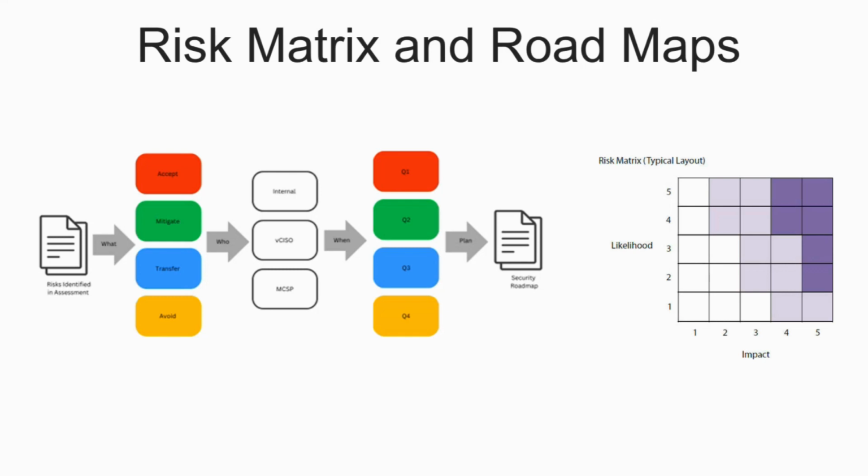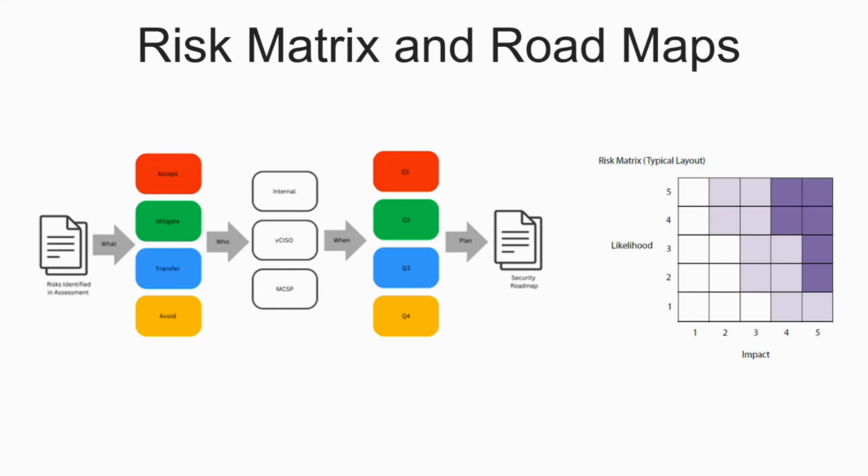You want to stay in the shaded areas. If something is highly likely but really low impact, you may want to address it, but I would spend more time on the shaded areas because they have more impact if they were to happen. So that's how this risk and roadmap works.